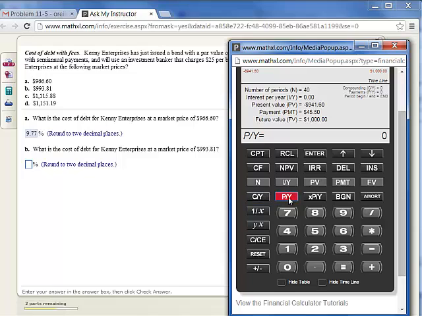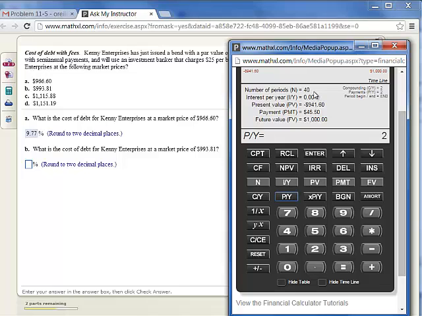Oop, didn't like that. Try again. Clear entries, 2, compound periods per year. I see it go up here. 2, clear my entry, 2, payments per year. Okay, so everything now is the way I want it.